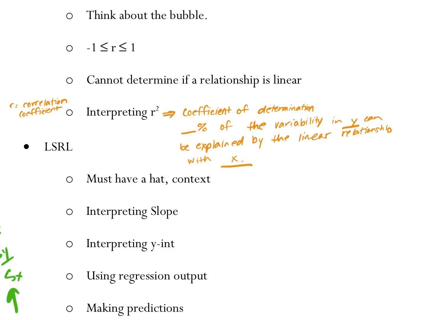Can be explained by the linear relationship with whatever X is. Everybody okay? All right.